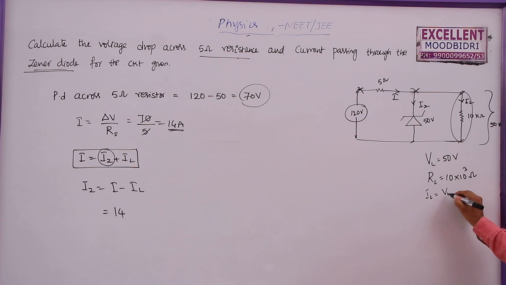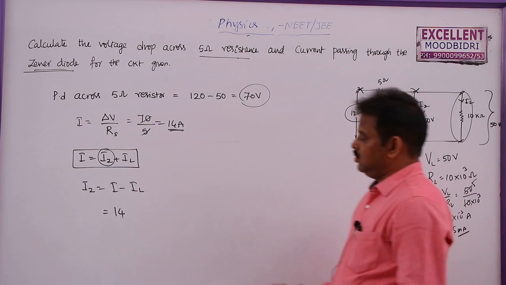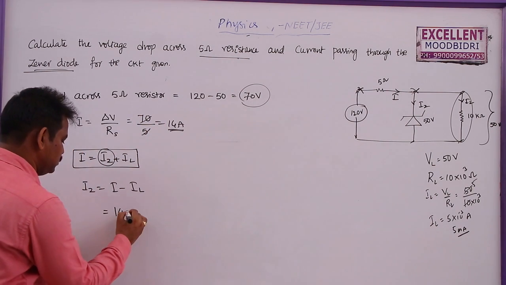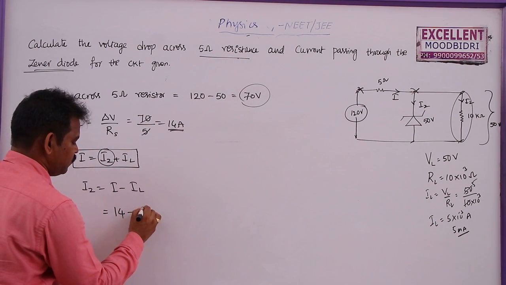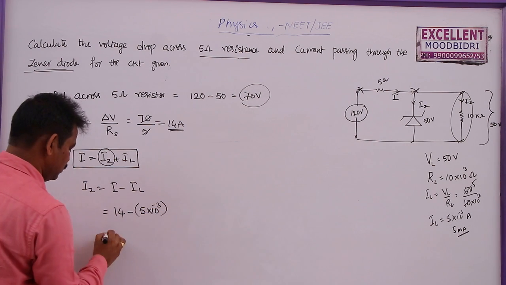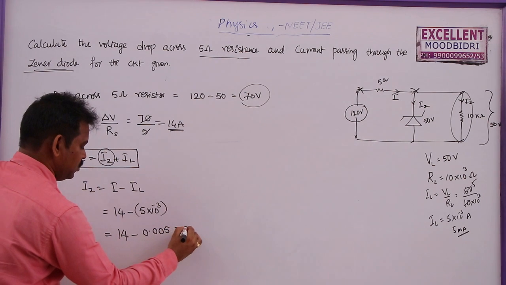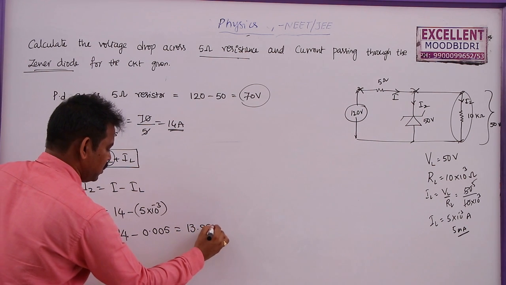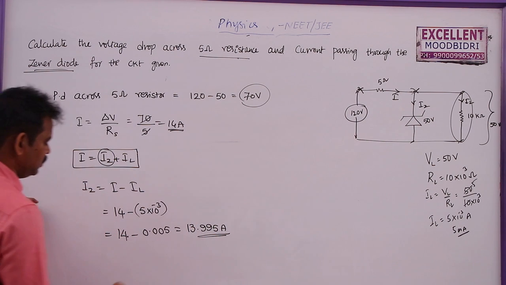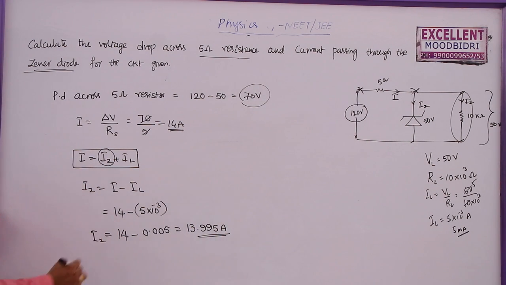IL is equal to VL by RL, that is 50 by 10 into 10 power 3. IL is equal to 5 into 10 power minus 3 amperes or 5 milliamperes. Now I can write Iz as 14 amperes minus 5 milliamperes, so this is equal to 14 minus 0.005. So the answer is 13.995 amperes. This is the current through the Zener here.